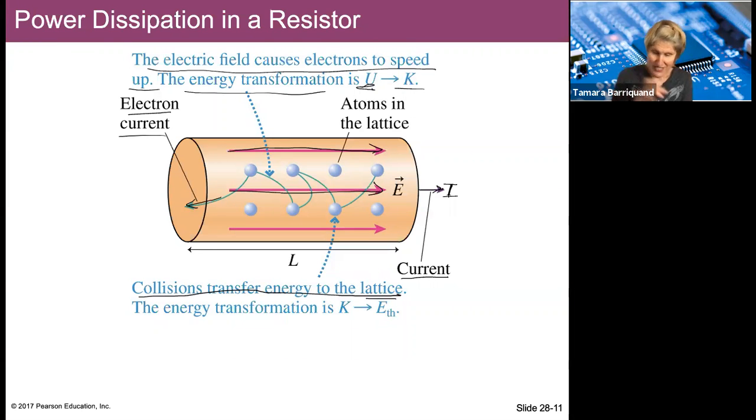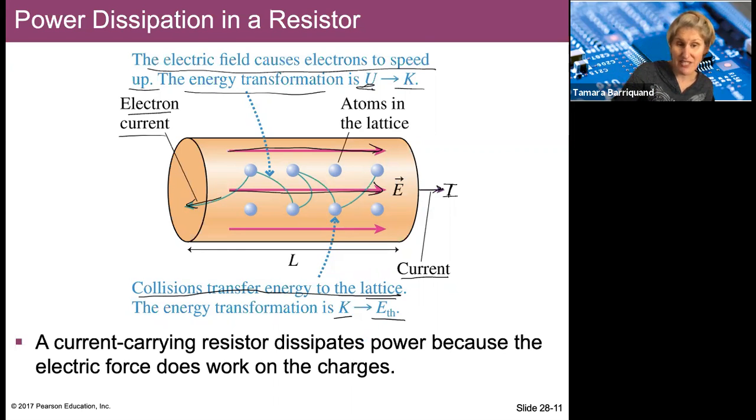So they're bouncing off those atoms and transferring the energy. And so this energy transformation is from the kinetic energy of those electrons moving around to the thermal energy as they bounce off all these different atoms. So what we see is that a current carrying resistor is going to dissipate the power as thermal energy because the electric force is doing work on the charges.